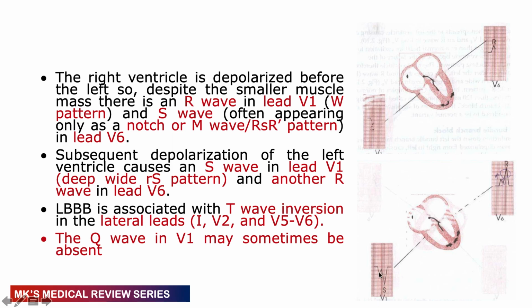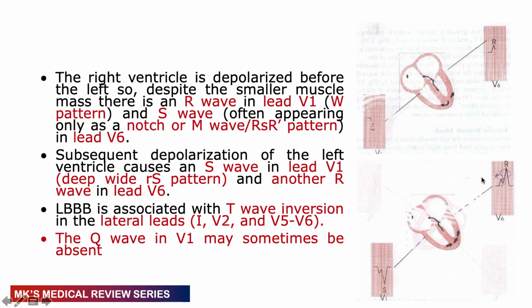So you're going to have your initial Q wave, then your R wave, and eventually an S wave in V1 because of how this is happening. Remember that depolarization first affects the right side, then the left ventricle also depolarizes. So it would be like these QRS complexes are stacked next to each other.